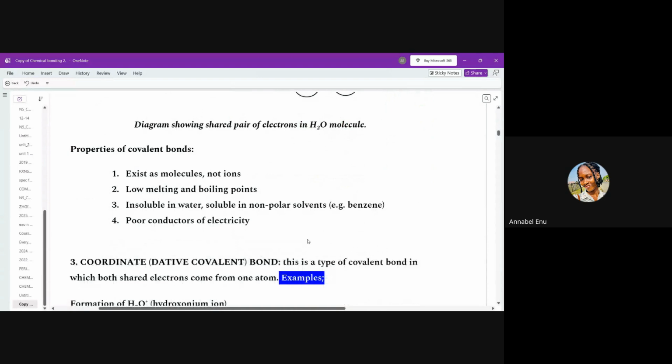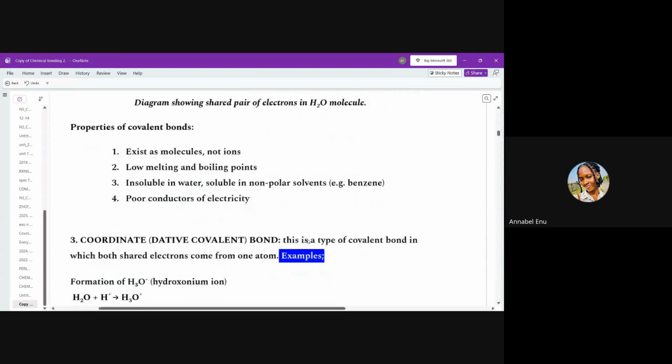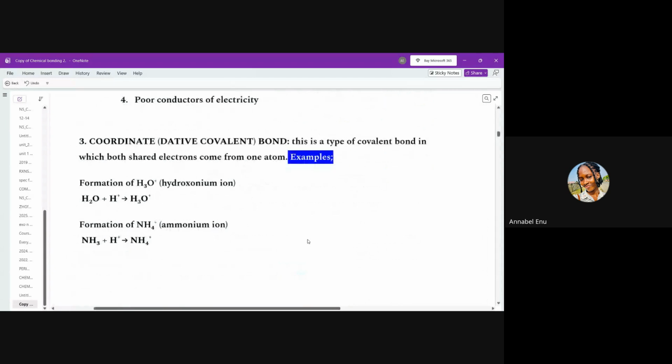Okay, we were at dative bonds. I don't know why I'm echoing.